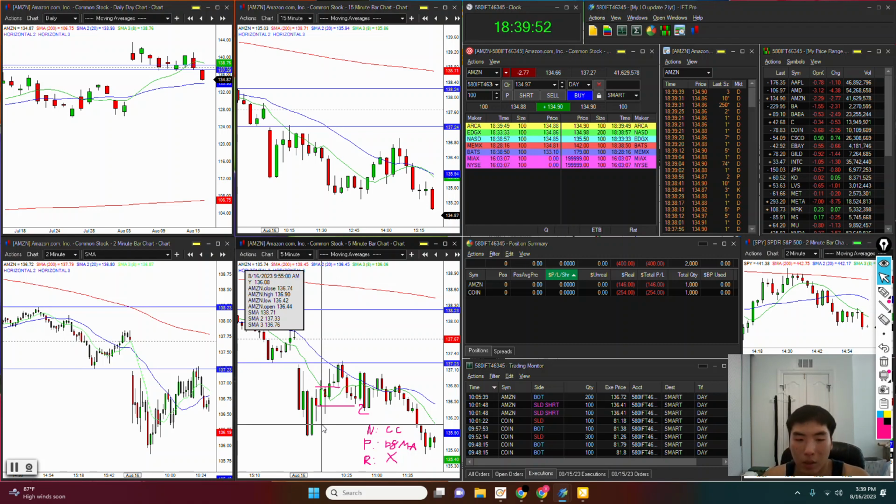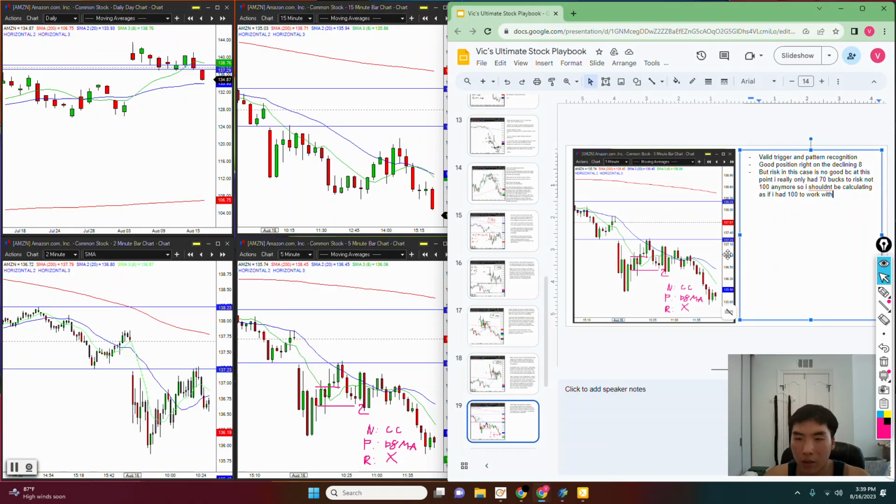But since I only have 70 bucks, the sizing was off. Should have been a 1-lotter, to stay within the 70 buck limit.